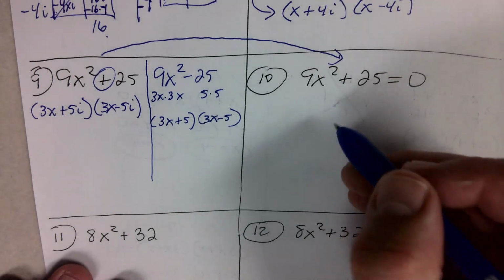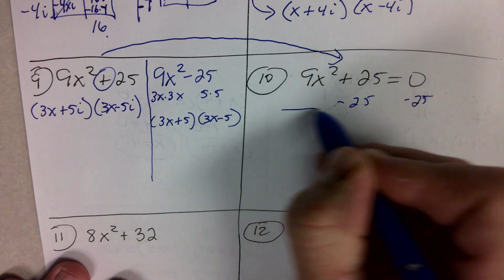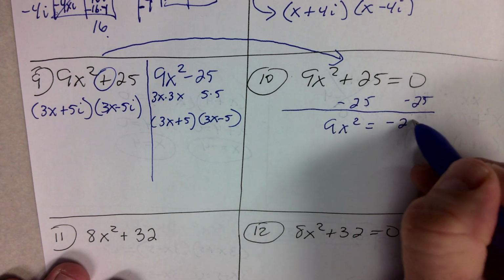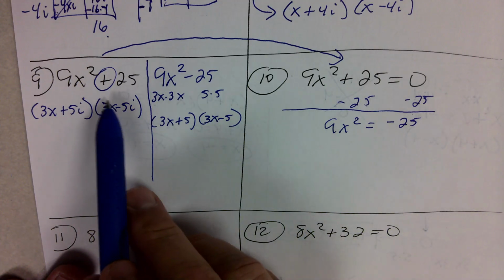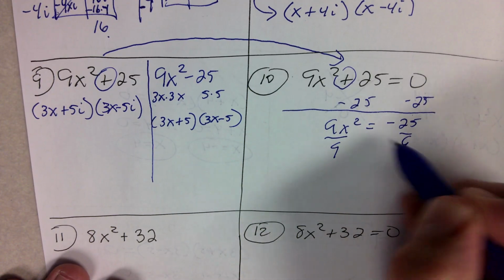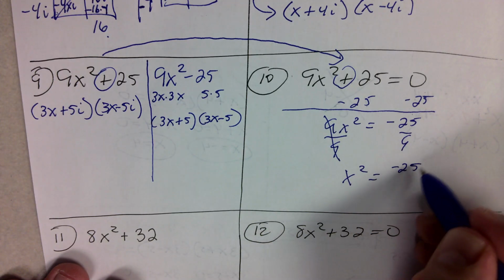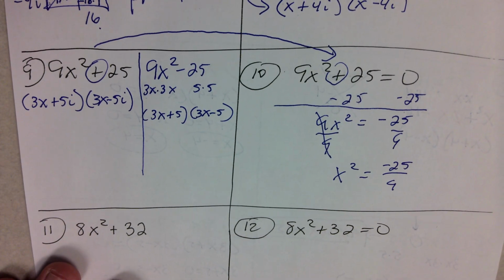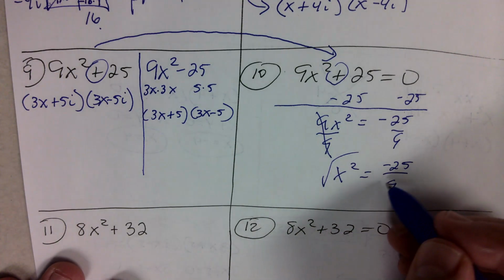I could also do this, minus 25. 9x squared is equal to negative 25. That's the same thing. We have addition here. 5 by 9. Take the square root.